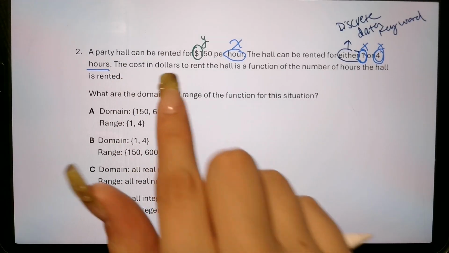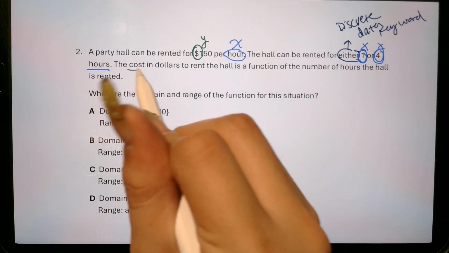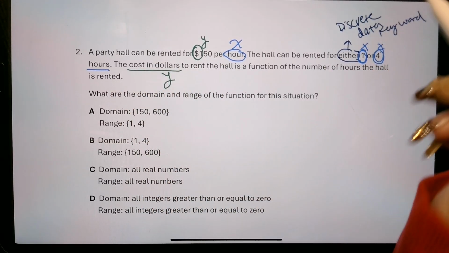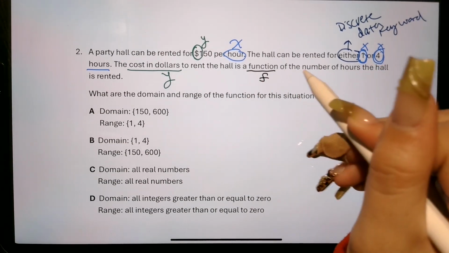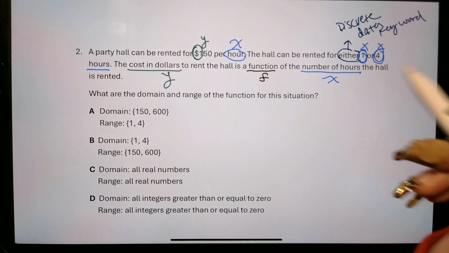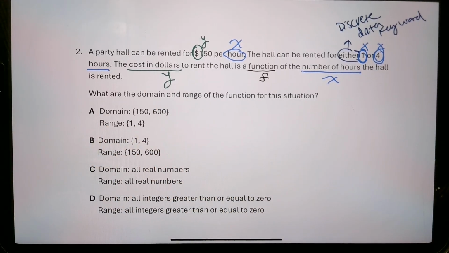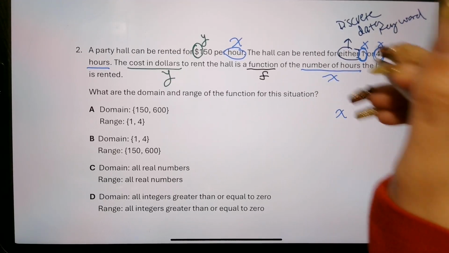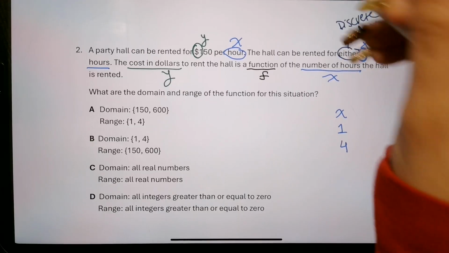The cost in dollars to rent the hall is a function. Okay, so confirmation that cost in dollars is the y, is a function of x. So whatever follows is the x, the number of hours. So we were right. The hall is rented. What are the domain and range of the function for the situation? So we're looking for both domain and range. My domain I already said is 1 and 4.